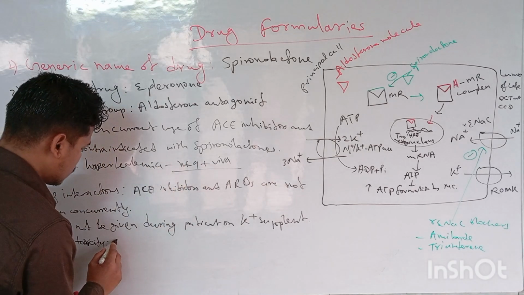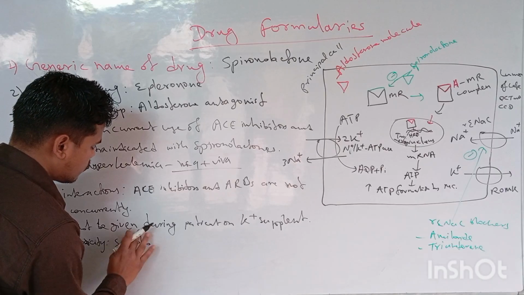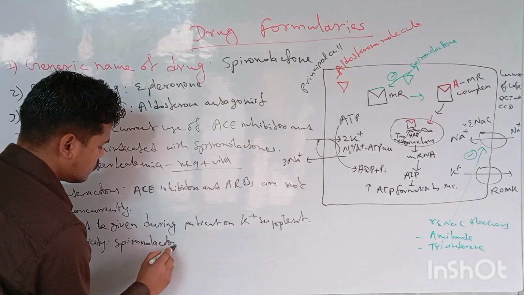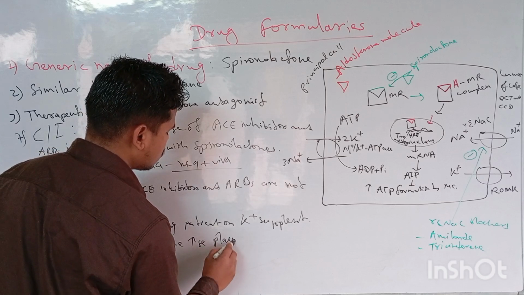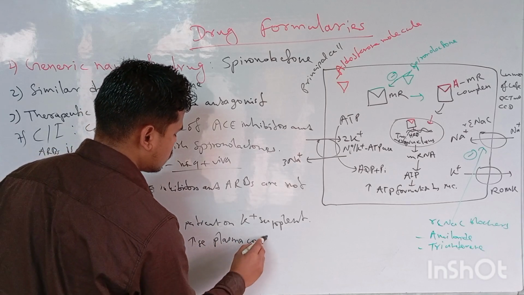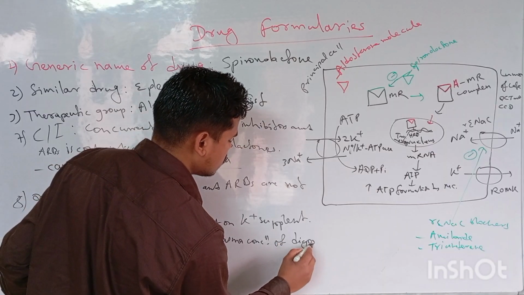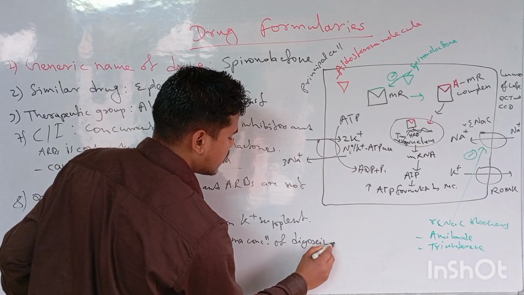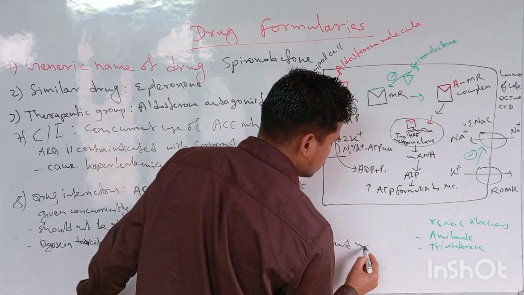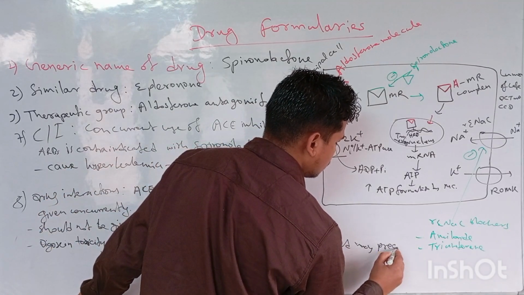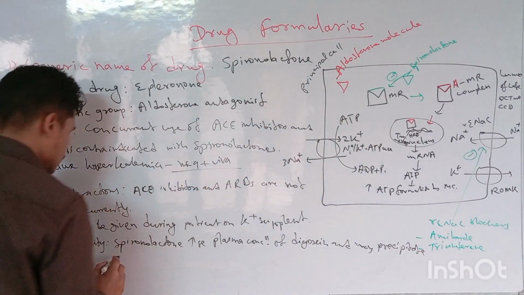This spironolactone increases plasma concentration of digoxin and may precipitate digoxin toxicity.